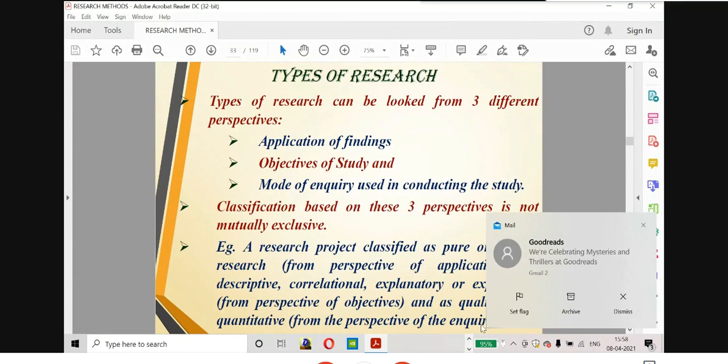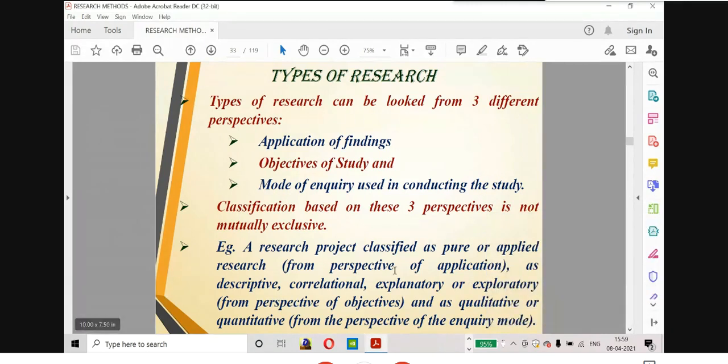I already explained to you what is meant by pure research and what is applied research.